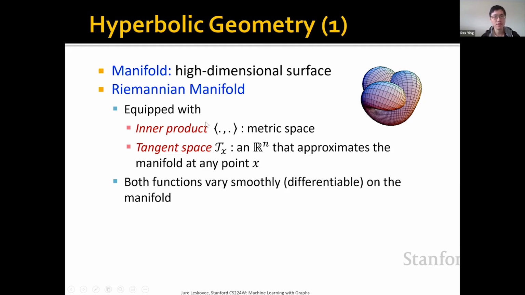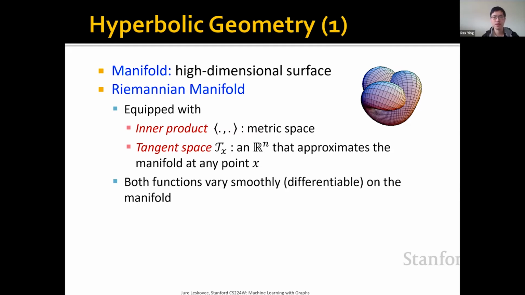A Riemannian manifold is a special manifold which is equipped with two things. One is the inner product. The inner product between two points has to be defined, and it will define a metric space, or how distances are computed in this Riemannian manifold. The other thing that is necessary for a Riemannian manifold is the tangent space, which is a Euclidean space that approximates the manifold, but only locally.